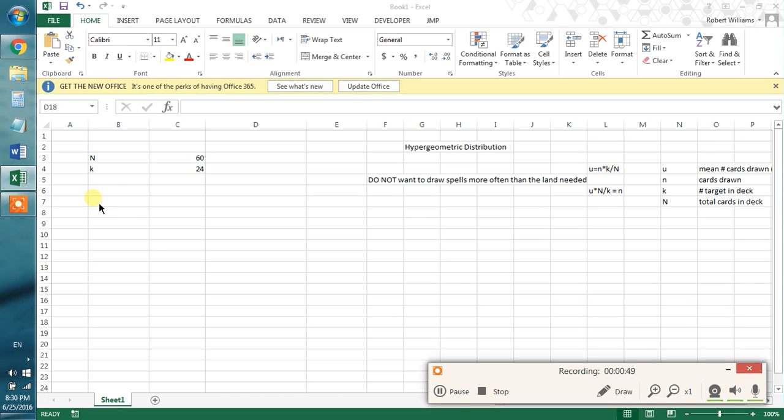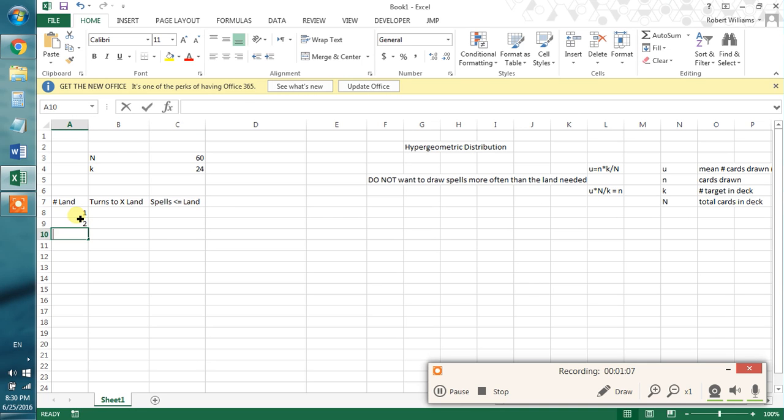So what we're going to do is, let's see, number of land needed. We'll do turns to X land, and we'll do spells less than or equal to land.